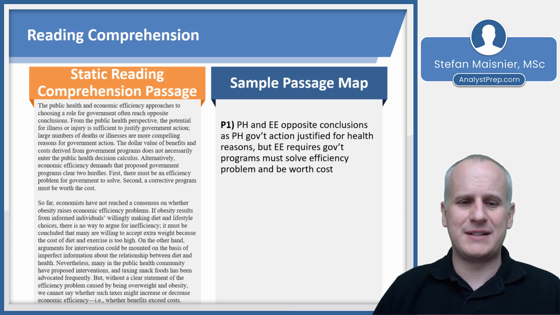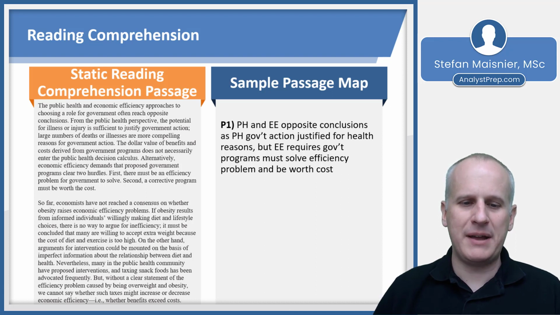So far, economists have not reached a consensus on whether obesity raises economic efficiency problems. If obesity results from informed individuals willingly making diet and lifestyle choices, there is no way to argue for inefficiency. It must be concluded that many are willing to accept extra weight because the cost of diet and exercise is too high. On the other hand, arguments for intervention could be mounted on the basis of imperfect information about the relationship between diet and health.